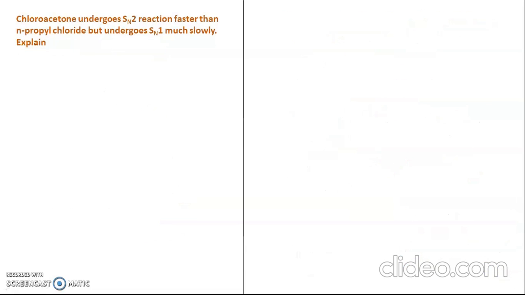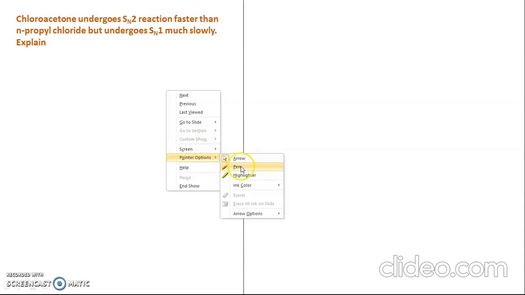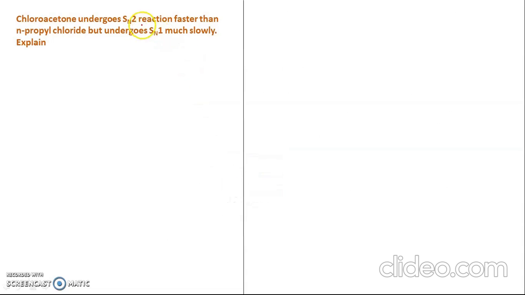Fine. Next come to the third problem. Chloroacetone undergoes SN2 reaction faster than N-propyl chloride. But if you consider SN1, then reverse is the case. So first we have to see what is the structure of chloroacetone and what is the structure of N-propyl chloride.